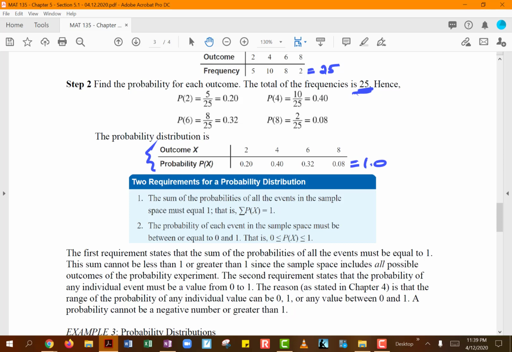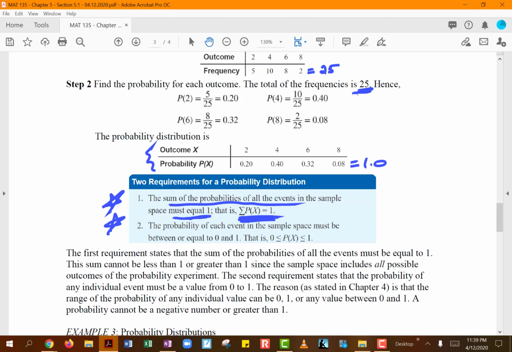That same thing applies here in your probability distribution. So this is very important for us to remember when we're going through these probability distributions. The sum of the probability of all events in the sample space must equal 1. Your total should always equal 1.